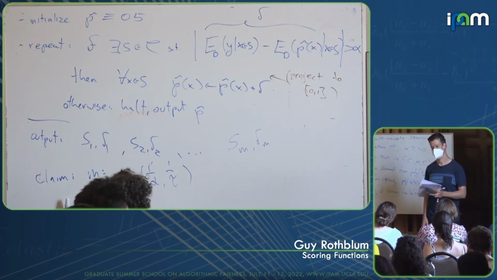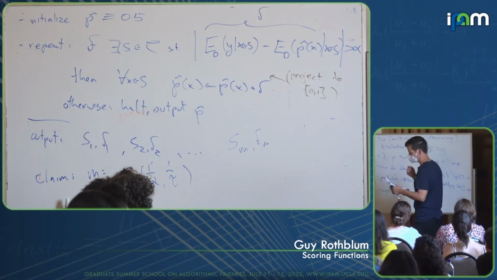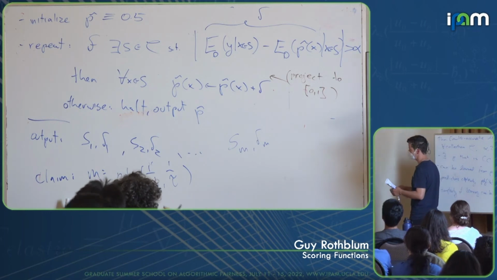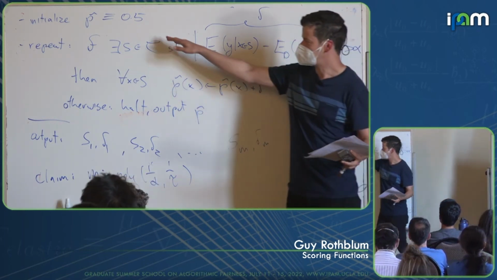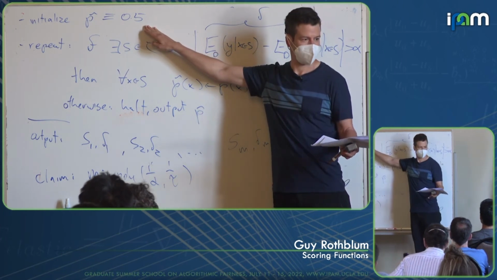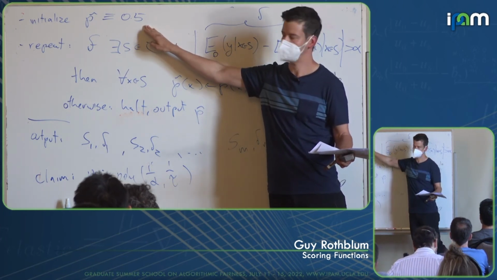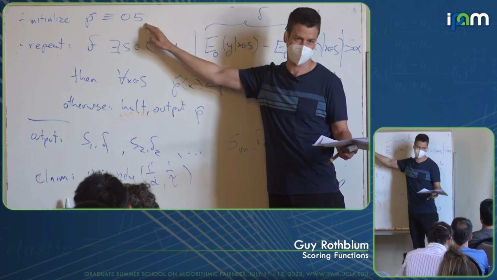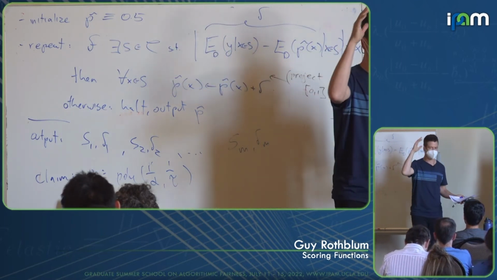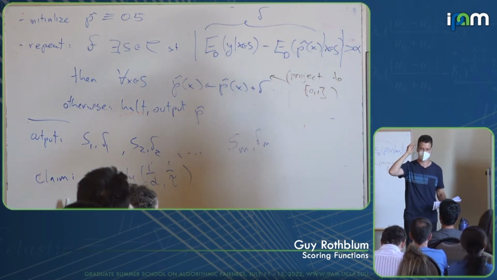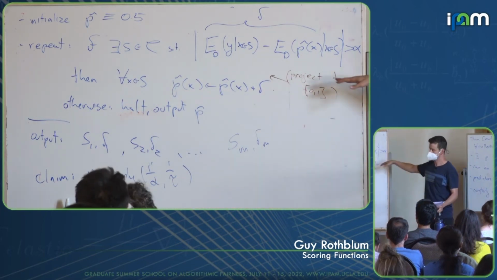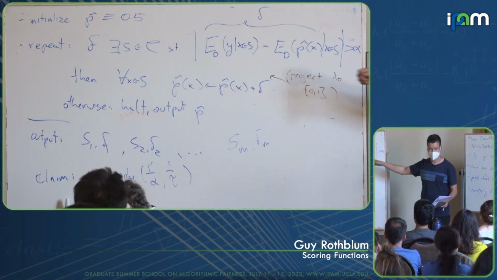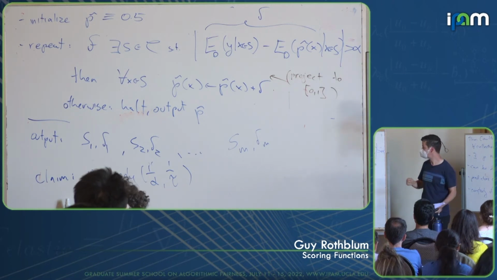I don't know if this makes sense. There are a couple of things that you're getting ahead of me on. So you're making the suggestion that, first of all, I started with this really dumb initial predictor giving everyone a half, but I could start with something much more intelligent, right? I could start with some sophisticated model that was trained to minimize some complicated error and still run this as post-processing. And the claim that I haven't made yet, but I will make, is that this won't hurt accuracy.